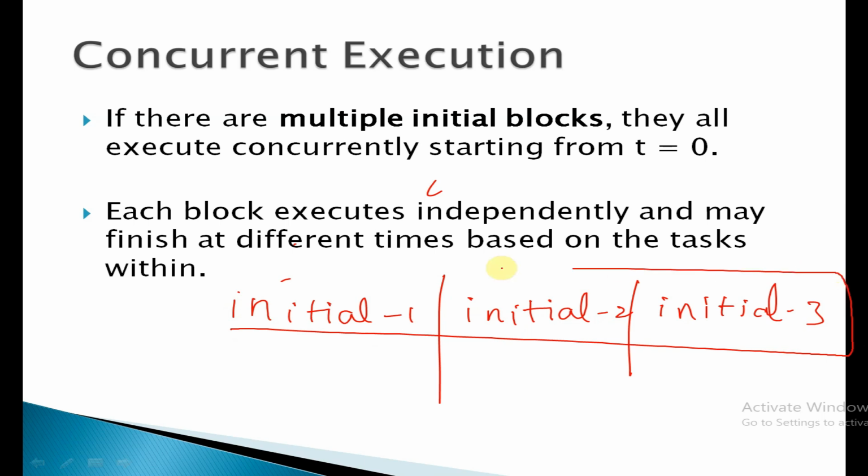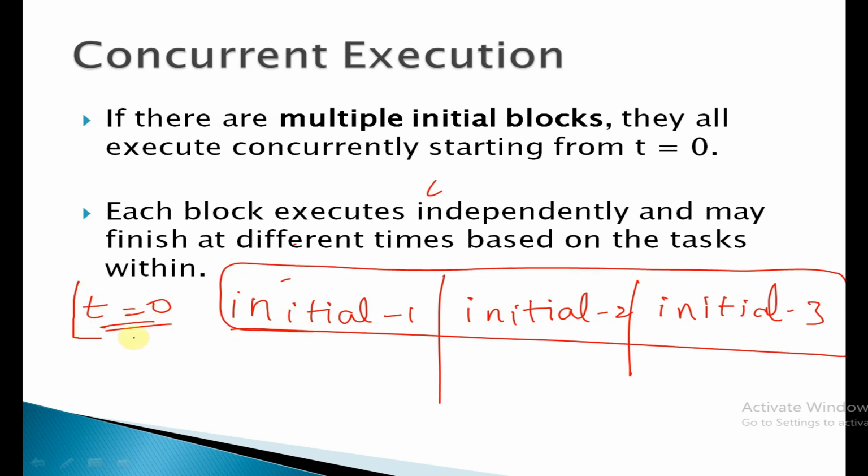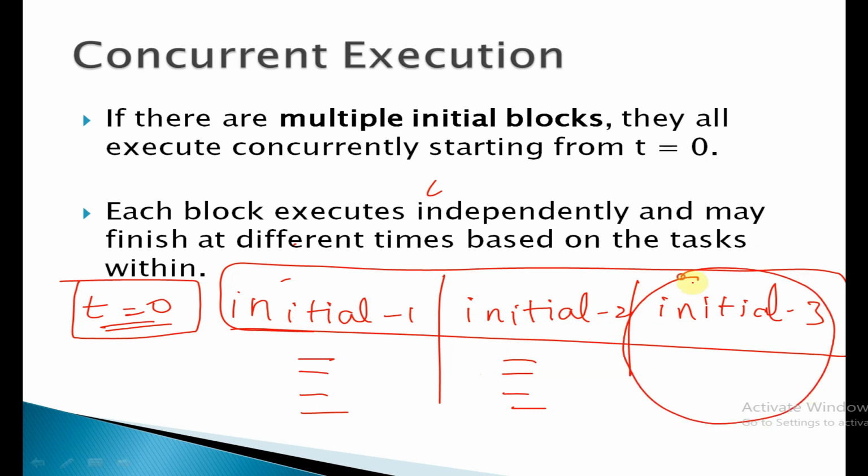These three initial blocks will start at time t equal to 0, there is no doubt in that. But the end of execution depends upon the code written inside each initial block. Initial 1 can end before initial 2 has ended, or initial 3 can end first.